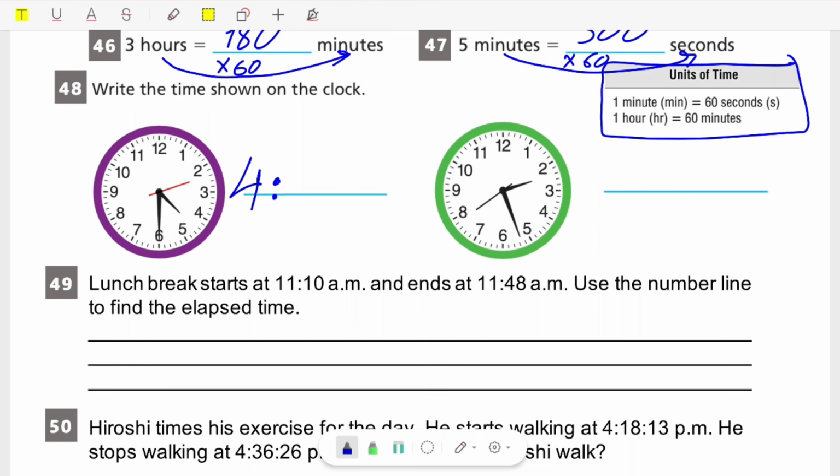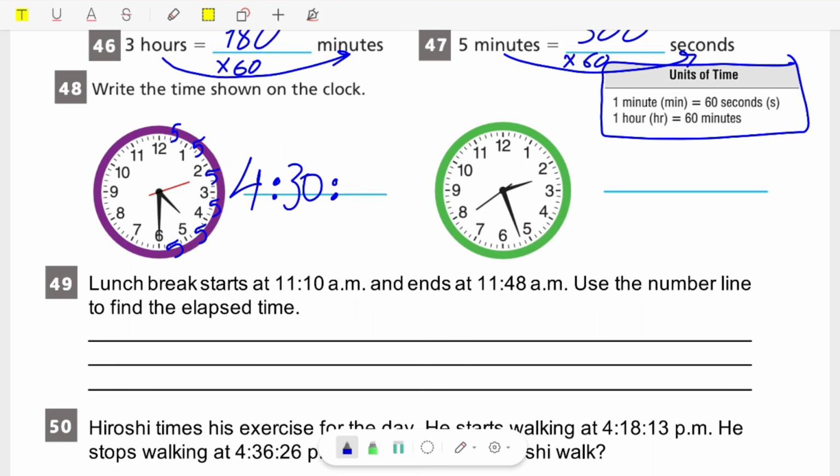We said before, according to the clock, between each two numbers we have 5 minutes. So if we count 5, 5, 5, 5, 5, 5, traveling from 12 to 6, it will be 30 minutes. And the last one is the seconds.